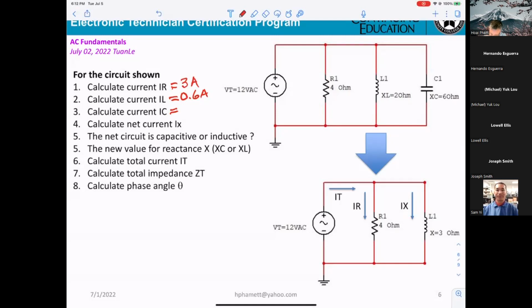Okay, now. RCL 2 ohm, correct? That will be, I thought 2 ohm, not 20. Okay. So RCL 6 amp.